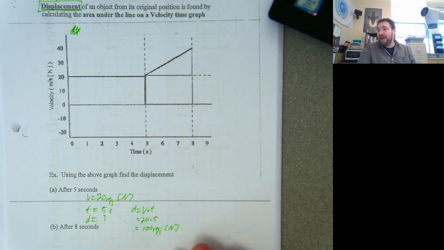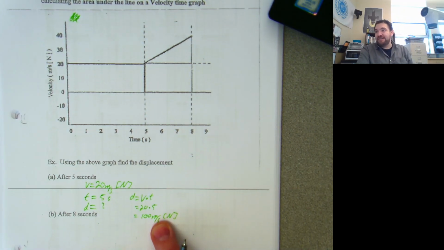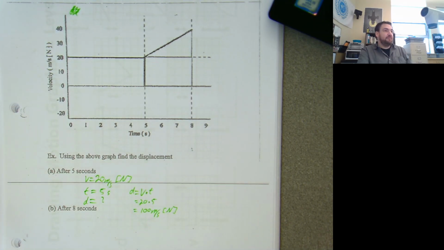And without looking at a graph, this is what you do. It would be nice and easy, no problems.